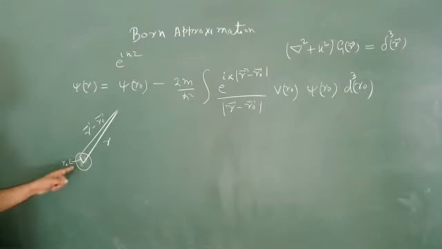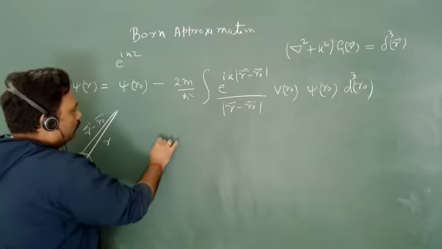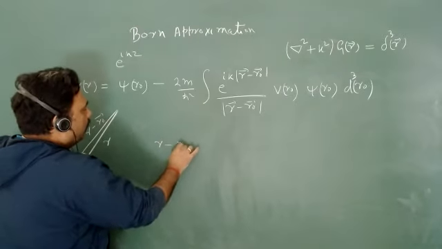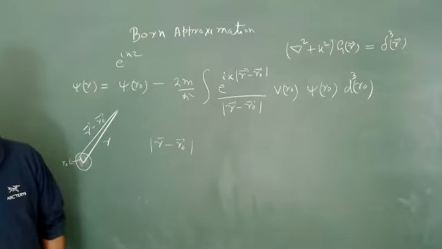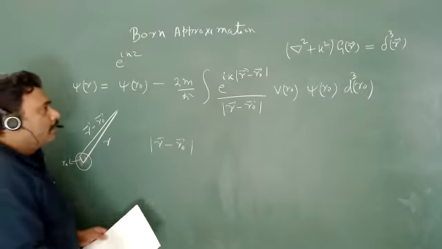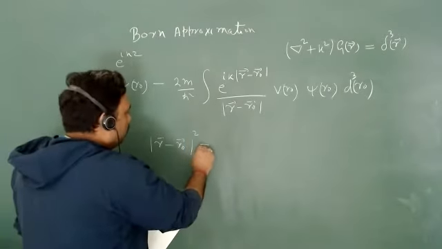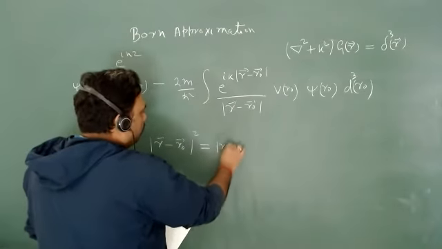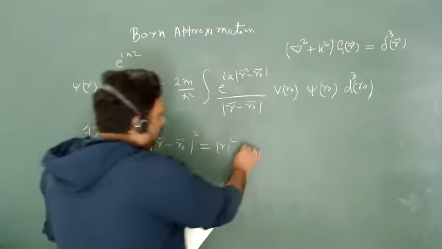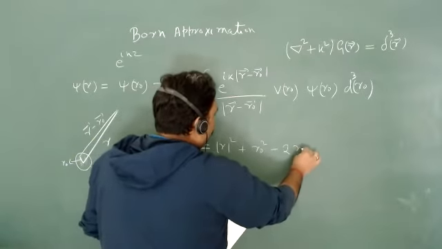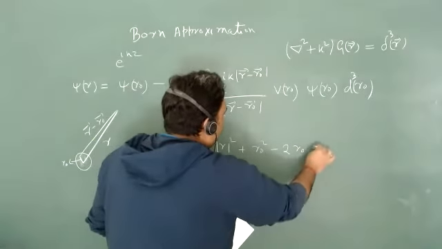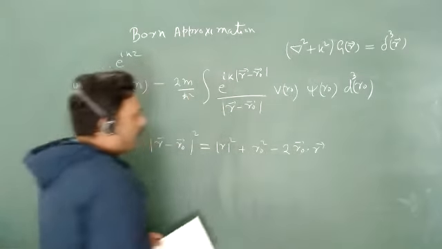Yes. So where is the approximation? The approximation is exactly here. Look at, what is this approximation? We can write r minus r naught. This is your approximation. And we can write mod r minus r naught whole square as mod r square plus r naught square minus 2 r naught dot r. है ना?